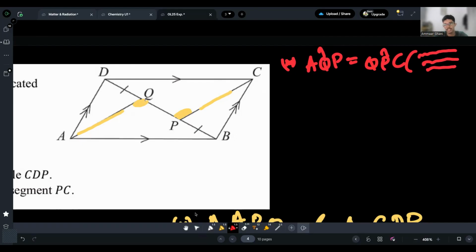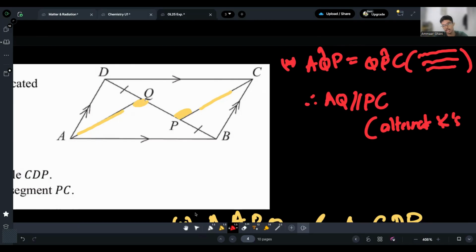Corresponding elements of congruent triangles, you write the reason. Then you therefore tell, therefore AQ is parallel to PC because alternate angles are equal. Simple as that.